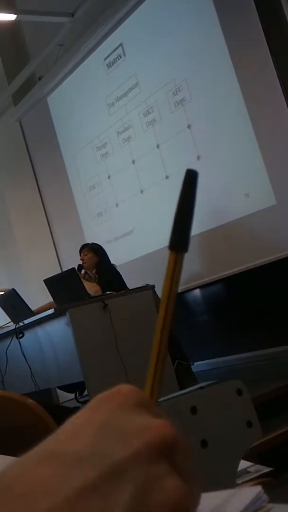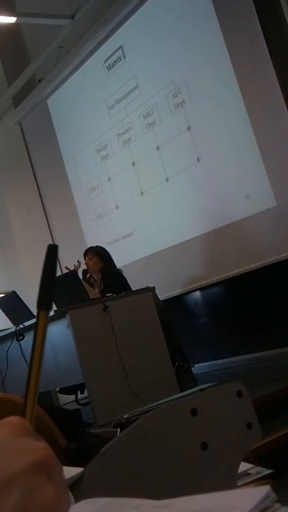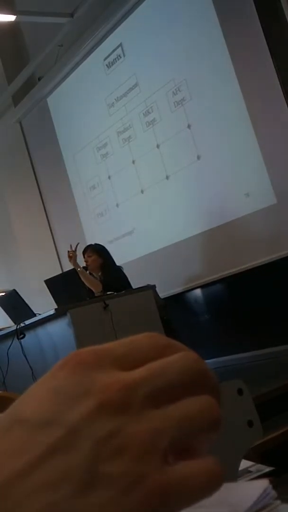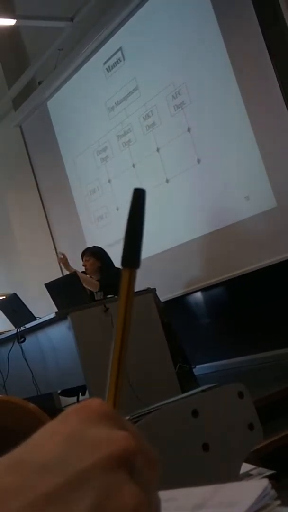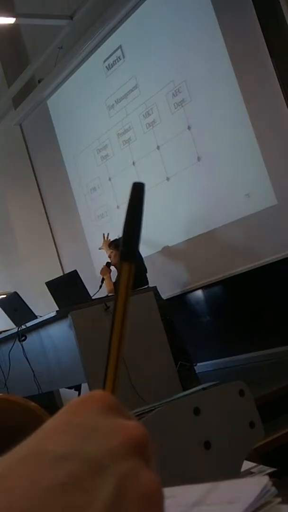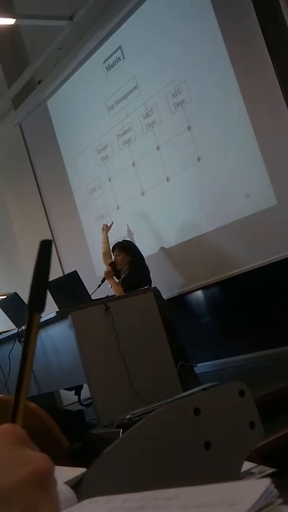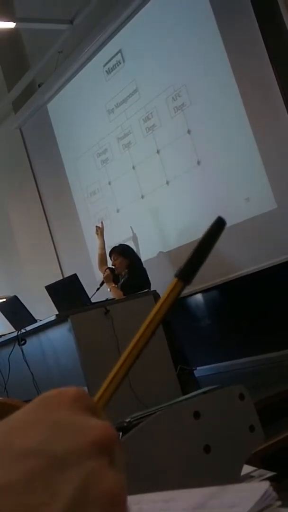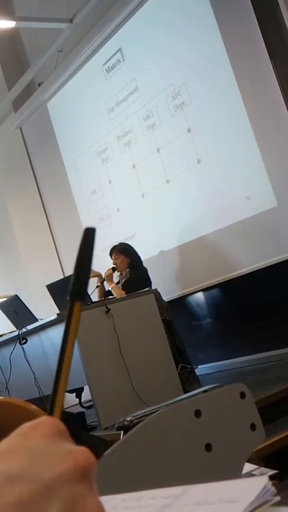That's why the main feature of the matrix structure is represented by the control of minimum two critical variables, usually input and output, okay? Because the manager of production, for example, tries to control the input for project 1 and for project 2.